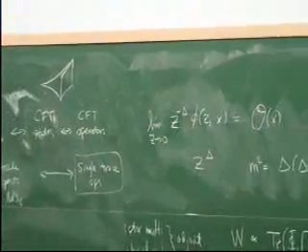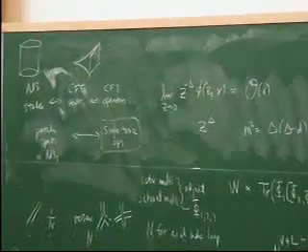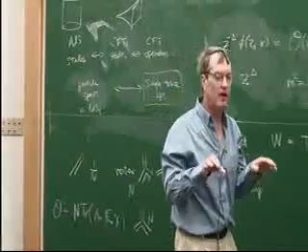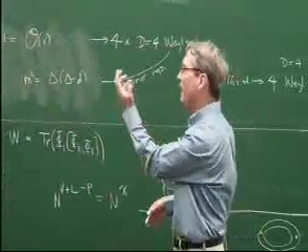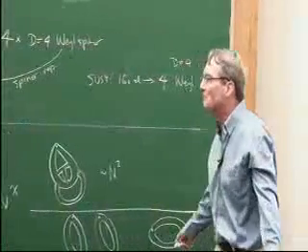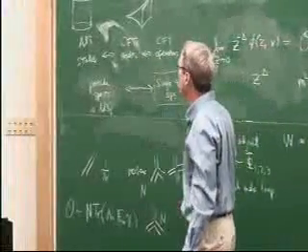I'm not sure. It's weird because, in a sense, remember this is an isomorphism of two theories. The CFT is the entire gravity theory. It's a complete isomorphism of this theory and this theory.